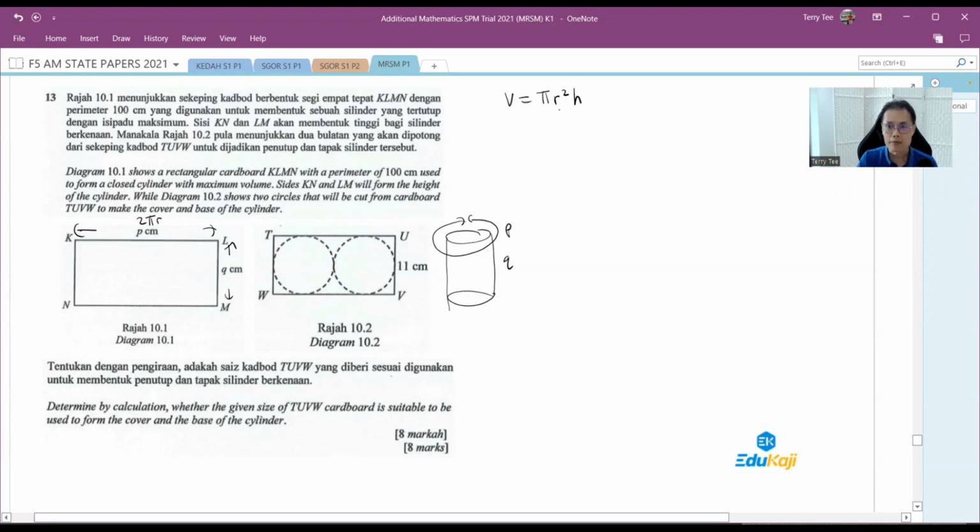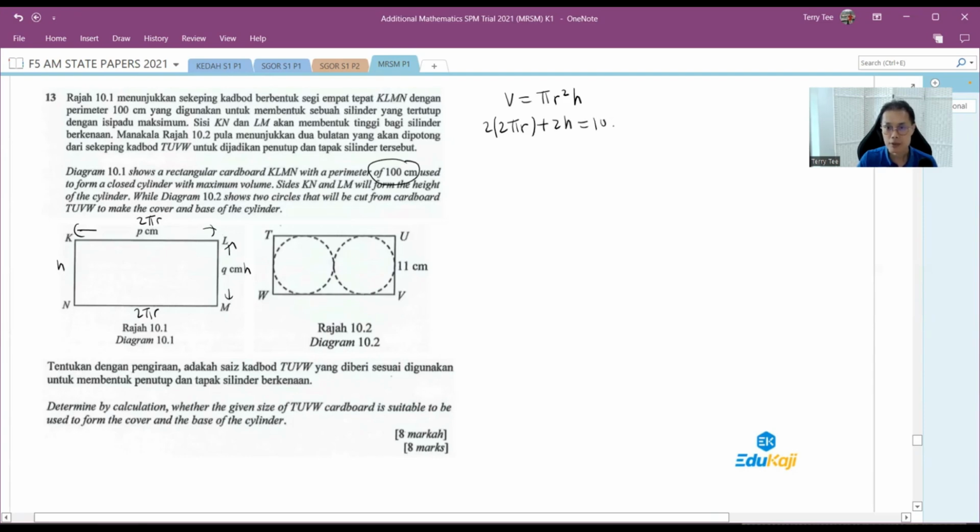My radius, I don't know, but I do know my perimeter is 100. So we can say 2 pi r. There are how many 2 pi r here? 2 of them, right? And this is your height and height. So 2 pi r times 2 plus 2h.